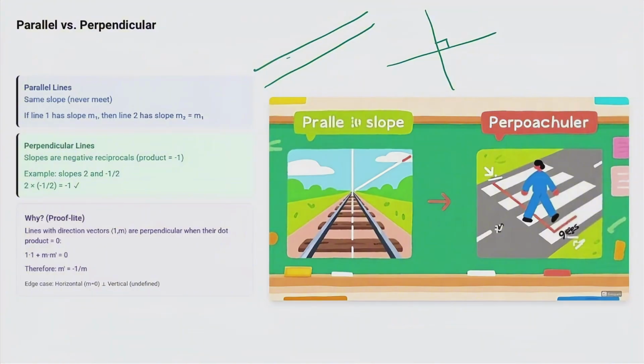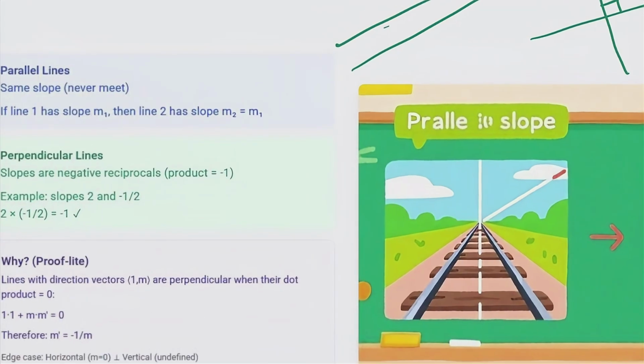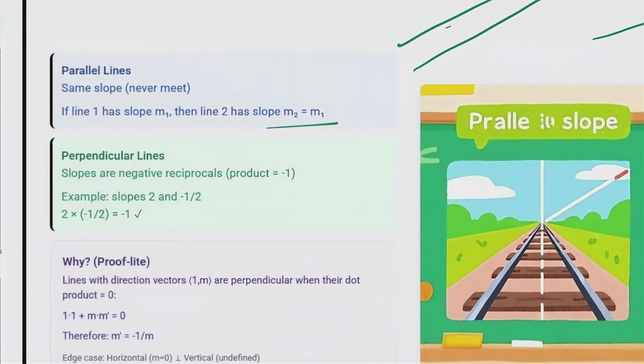They are never going to meet each other. If line 1 has a slope of m, the second line also has the slope of m. It's a fact. On the other hand, for perpendicular lines, their slopes are negative reciprocals.